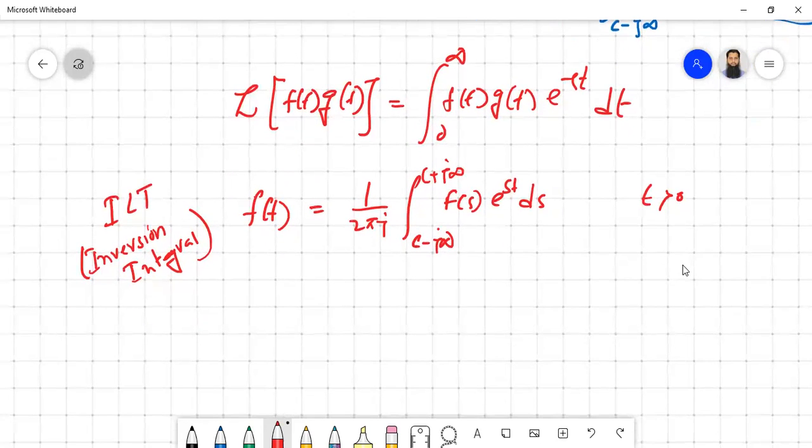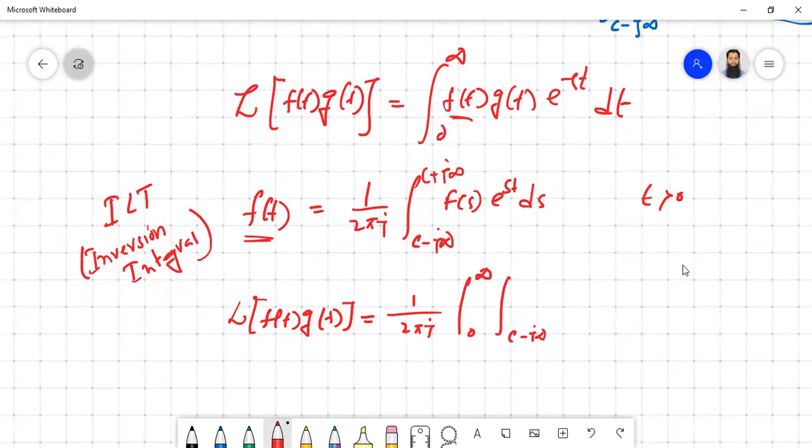If we now put this value of f(t) into this equation, we get 1 by 2 pi j, the integral from 0 to infinity, then from c minus j infinity to c plus j infinity, F(p).